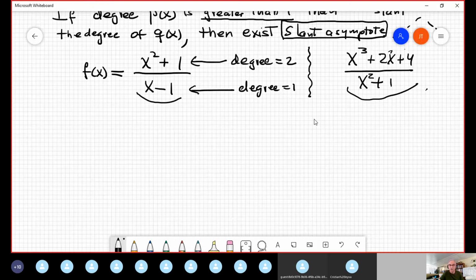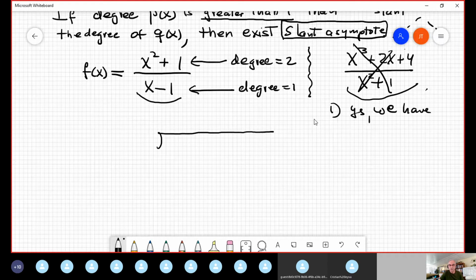Forget about this for a moment. This was the extra explanation. I focus on my example. Suppose long division. My first question was answered: yes, we have a slant asymptote, because I analyzed the degree.